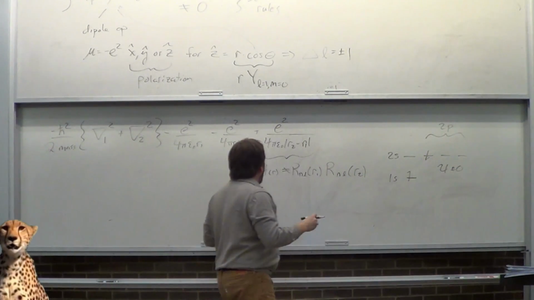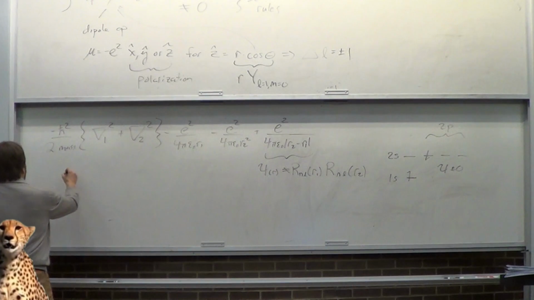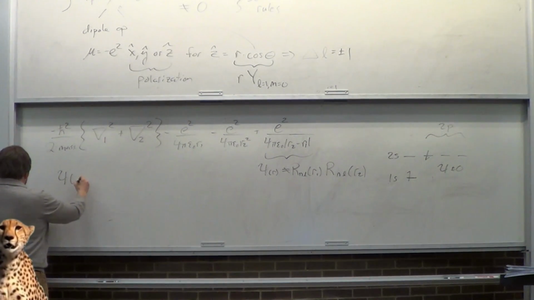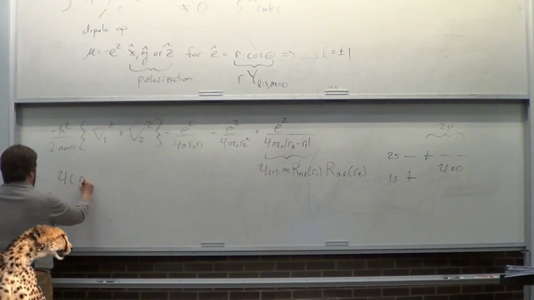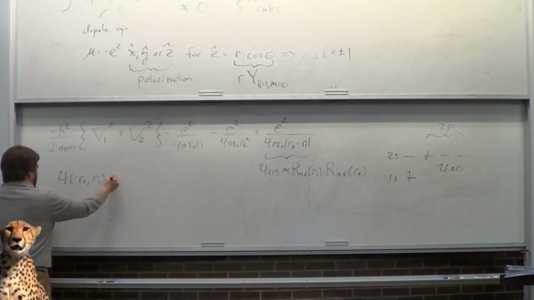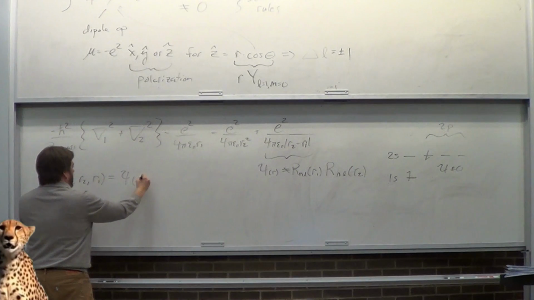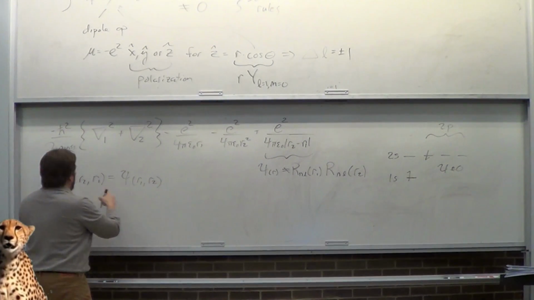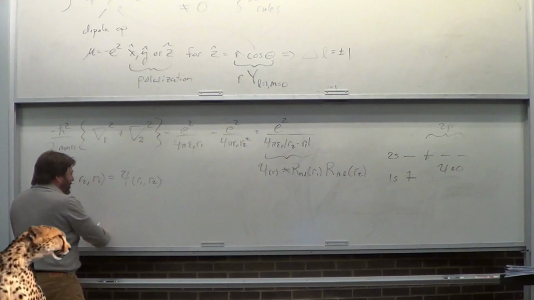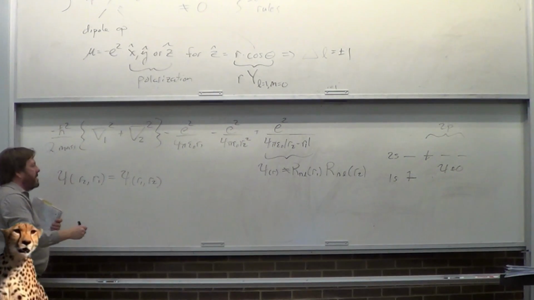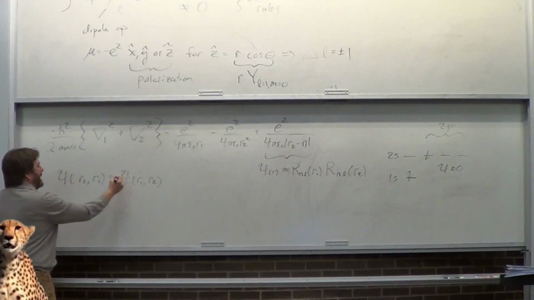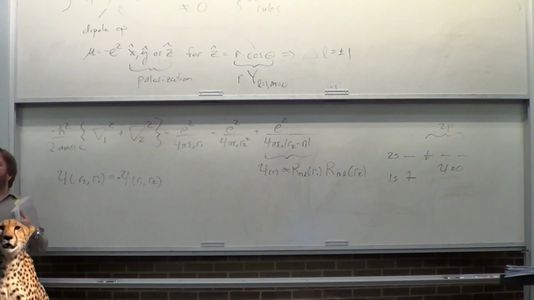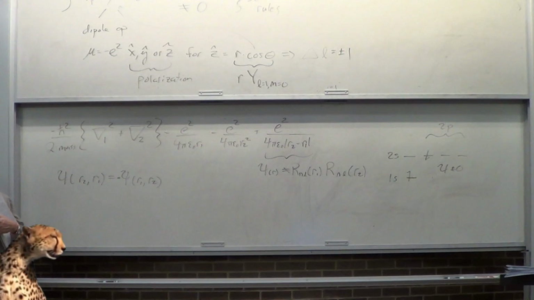Now the way to fix this is to make sure that you see this property: if you switch the order of labels of the electrons, you have to pick up a minus sign. And again, I can't tell you that's like filling a hole or a trout going up a stream.